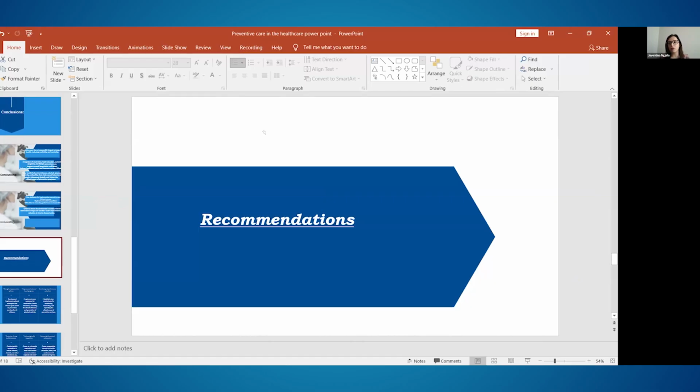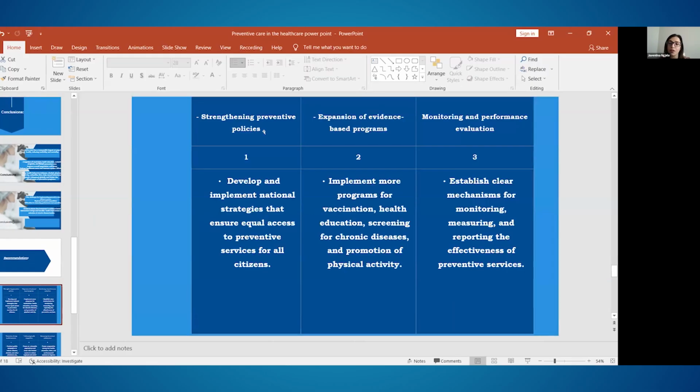So at the end of the study, I will continue with the recommendations. First, strengthening preventive policies: develop and implement national strategies that ensure equal access to preventive services for all citizens.